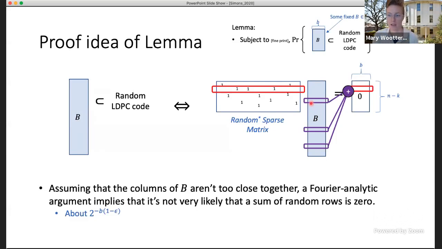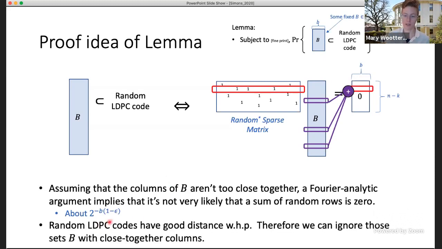This works as long as the columns of B aren't too close together, or actually it should be that nothing in the span of the columns of B are too close together. But it turns out that we can rule out that bad case separately. It's well known that LDPC codes have good distance, which in particular means that none of the things in it are going to be too close together.